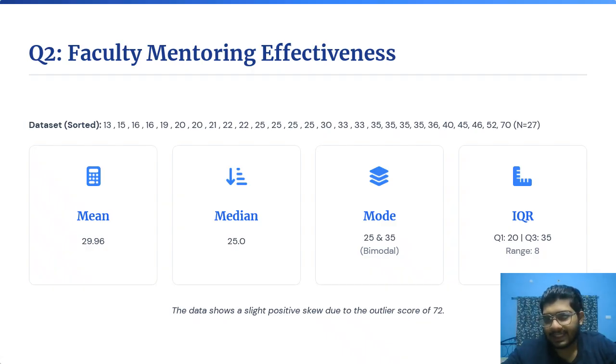It is 20 for quartile 1 and 35 for quartile 3. The data shows a slightly positive skew due to the outlier score of 72. The difference between 35 and 72 is very high, so it gives us a positive skew.